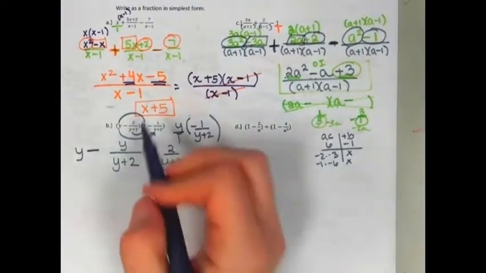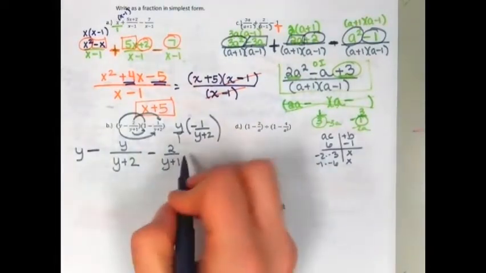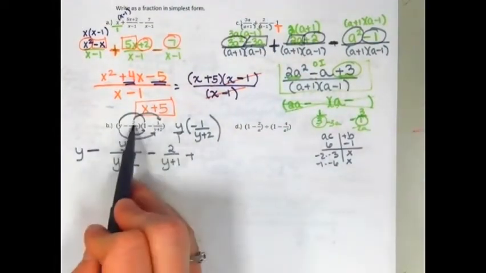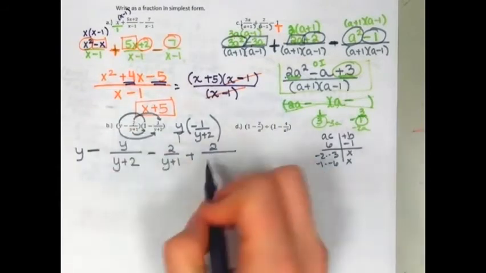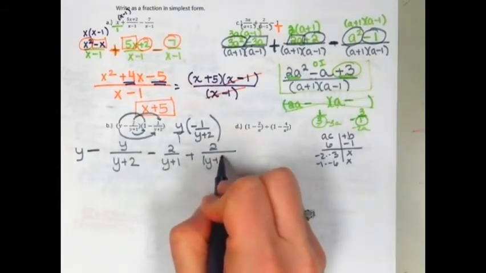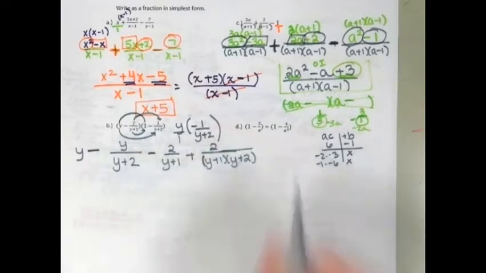Now, a negative times a negative is a positive. And we multiply straight across. So 2 times 1 is 2. And we're going to take y plus 1 times y plus 2. You guys okay with that? Now we're adding and subtracting. Can we find our common denominators?